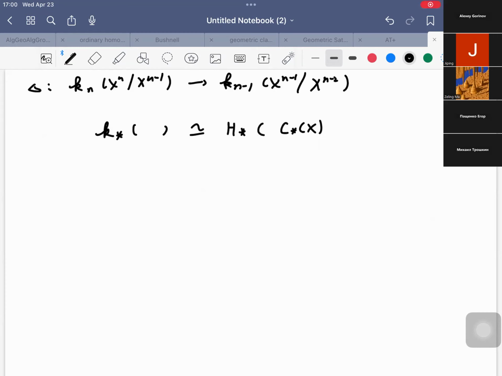Here is also a differential, and here we also need a differential.